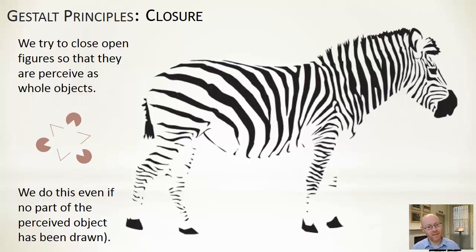So again, it's our tendency to try to close these things, to say that things represent objects as a whole, and even if we're missing some of the information, the brain is inclined to fill that information in, to say, oh, it must surely be there, even if it isn't there.